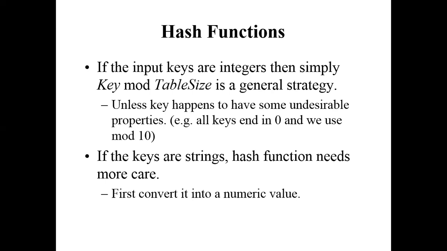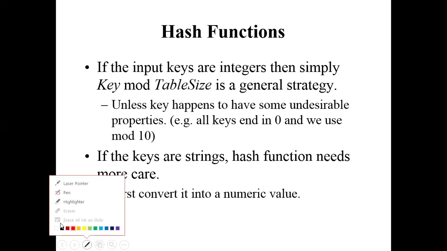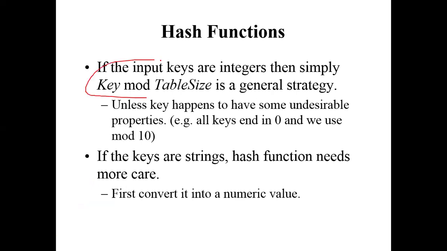Now we will see how we convert the key to the hash value based upon the hash function. If the input keys are integers, then simply key mod table size is a general strategy that works as a hash function. For example, the key value is 1 and the table size is 10.